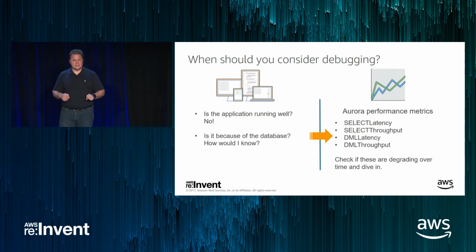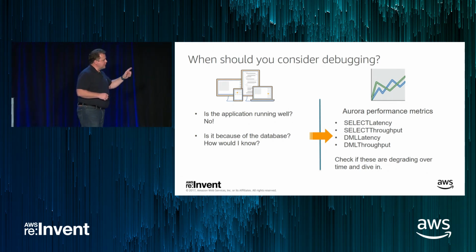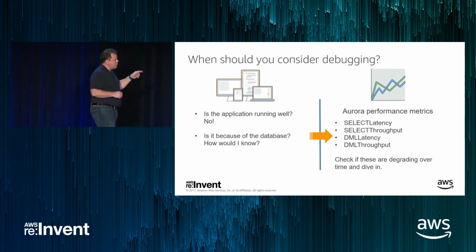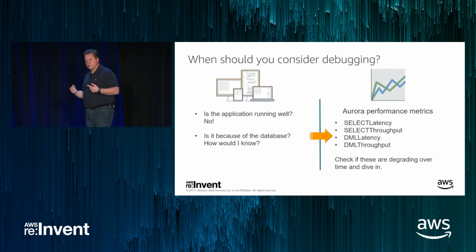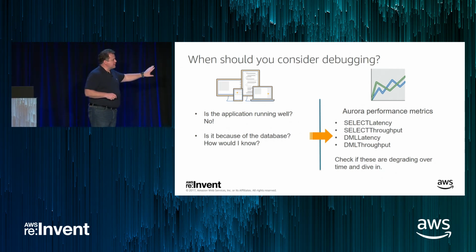What these are saying is how quickly, when I do a select or a DML statement, that is coming back. That's the latency. And the throughput is how many of these commands, how many of these queries, are being executed in parallel. Since we have these numbers, the next question is, what are good numbers?